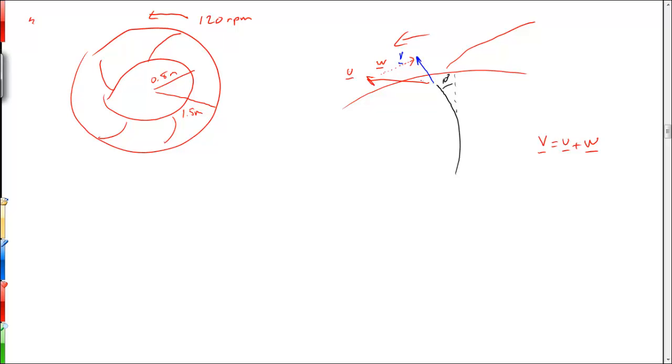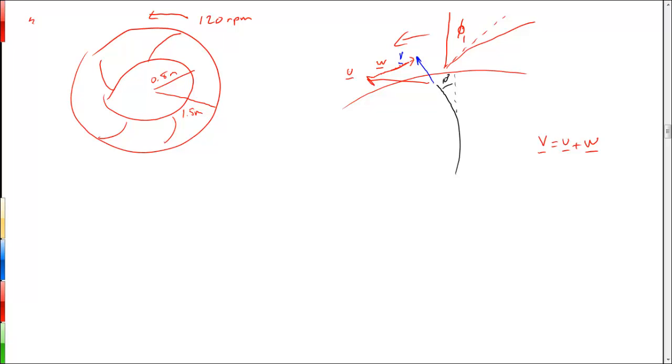Because V is equal to U plus W. And we want to find the angle of this blade here, and we'll call it phi1. We want to find this angle such that the blade is parallel to this relative velocity W as it's coming into the rotor.